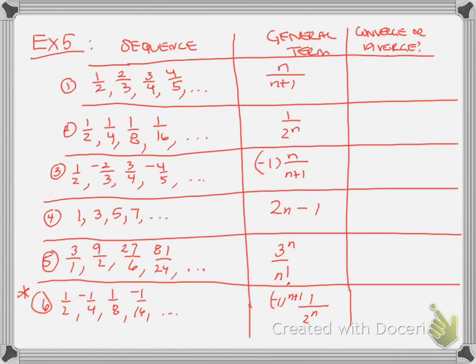Example 5 says, why don't we go back and look at those sequences that we did in the first 2 examples and see if we can determine whether the sequence will converge or diverge. I've written down the sequences here in example 5 for us to look at. I'm going to look at a couple.